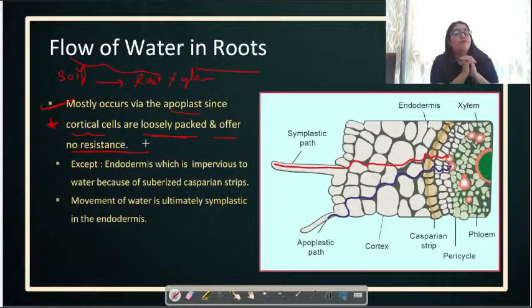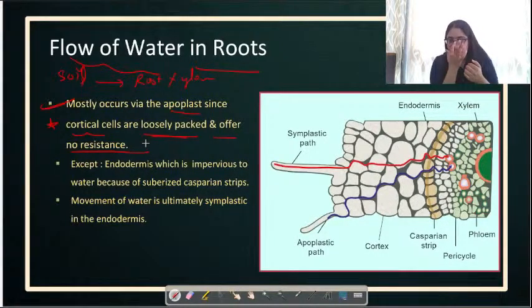Next, one very important thing: although the majority of the water from soil along with the minerals uses the apoplastic pathway to reach the root xylem, there is an exception at the endodermis. Remember, the cells of the endodermis have Casparian strips, the suberized strips, which are impervious to water.